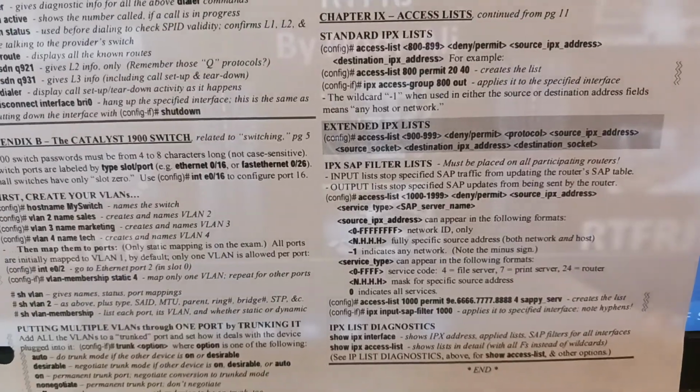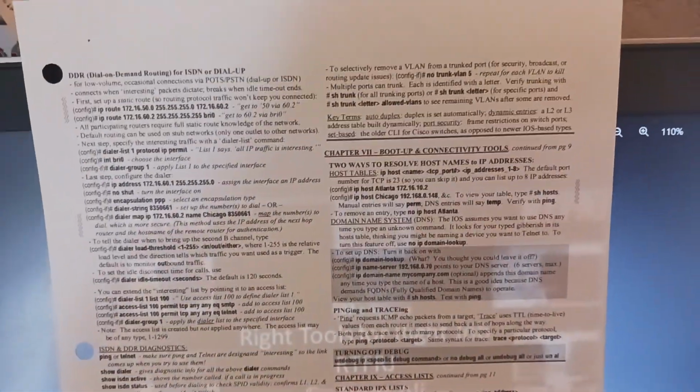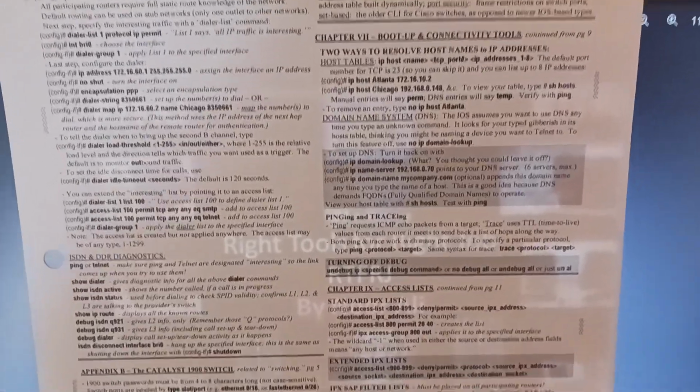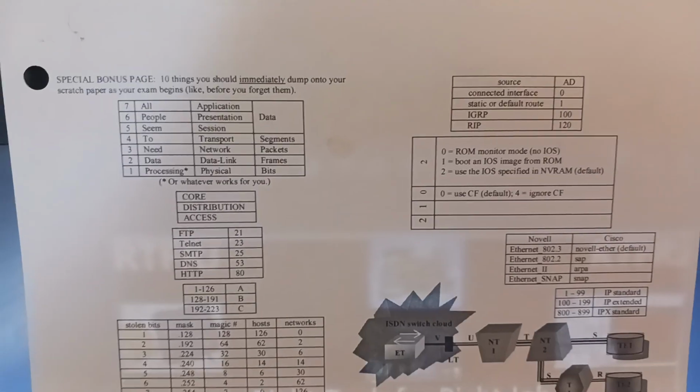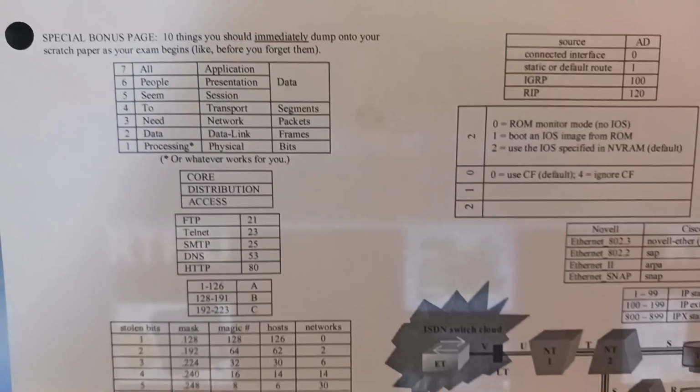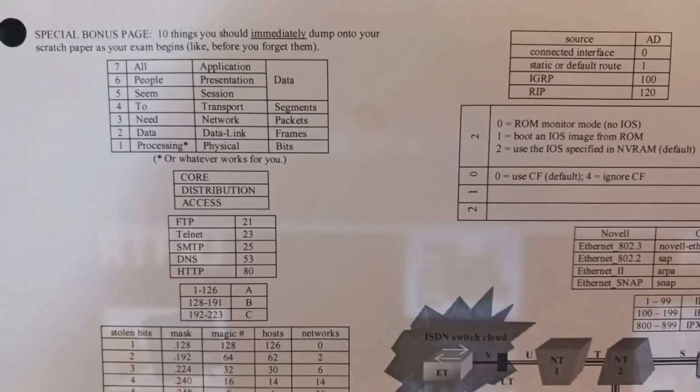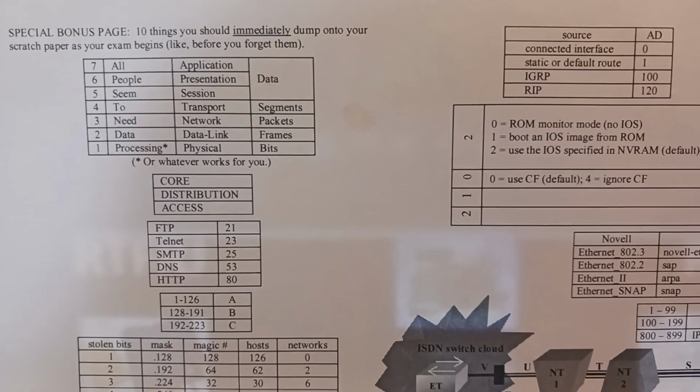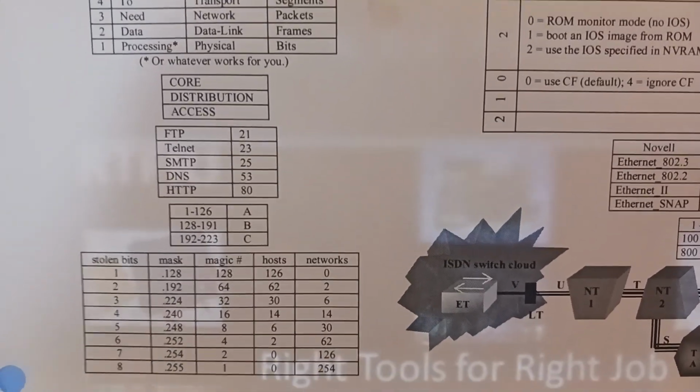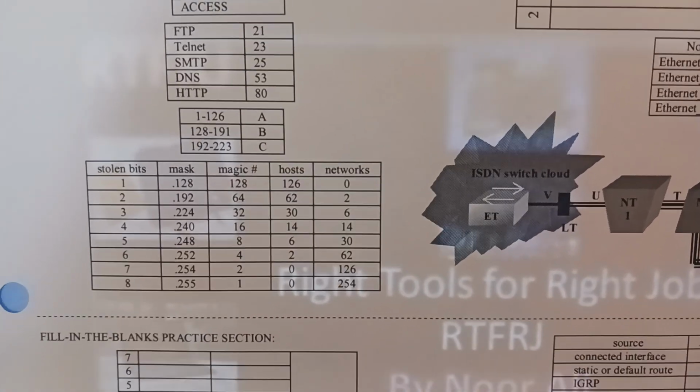Access list. Access list is everywhere. Even a small Wi-Fi router at the house has access lists. If you have configured it, you will know what I'm talking about. Doing a home lab exercise, it's called a special bonus page. You would do these exercises and you would learn these terms. It's simple as that.